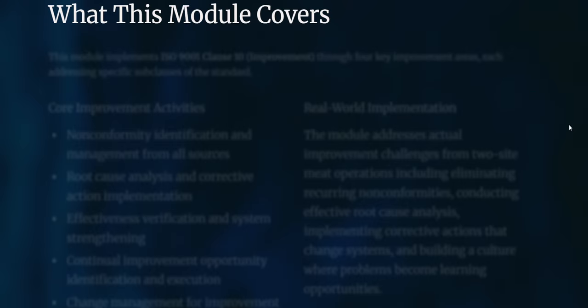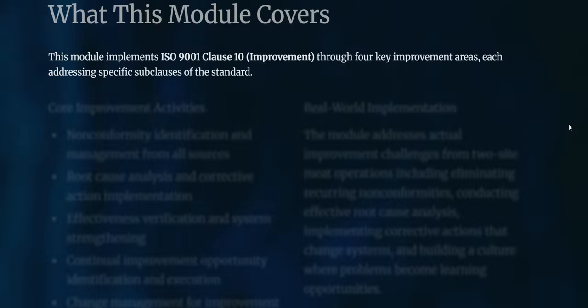What this module covers: Module 7 implements ISO 9001 Clause 10, which is improvement, through 4 key improvement areas. Each area will address a specific subclause of the standard.